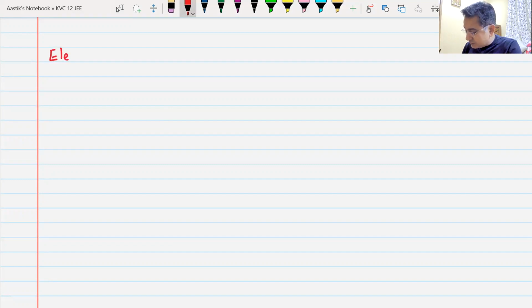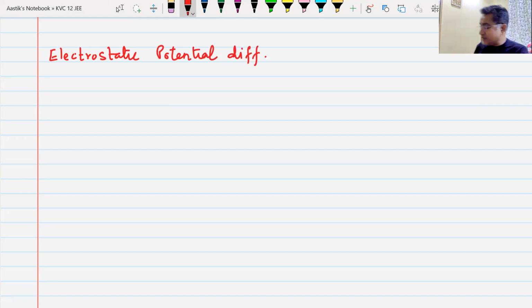Electrostatic potential, or you can call it electric potential as well. Electrostatic potential or electrostatic potential difference. Now, how do you define this electrostatic potential difference?